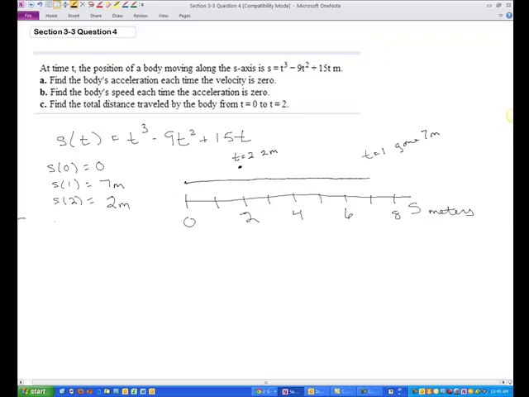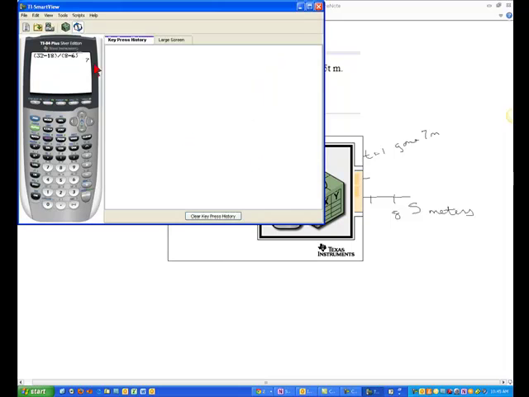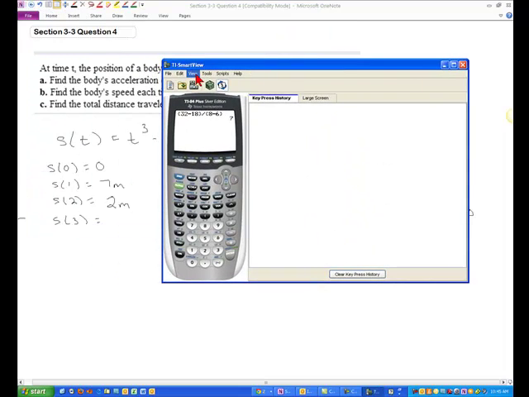If you look at s equals 3, you could figure out where you are at that time, and my little brain is not working too well this morning, so maybe we'll just go ahead and put this into our calculator, and we can put some different times in to have it work better. So let's see.